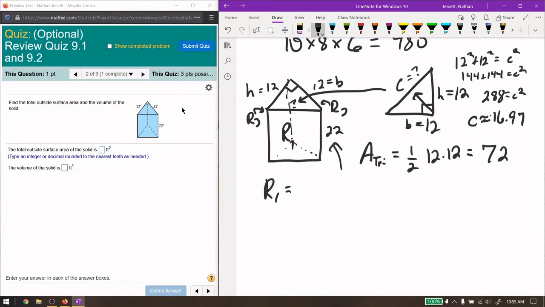It says round to the nearest tenth if needed. So yeah, that should be fine.